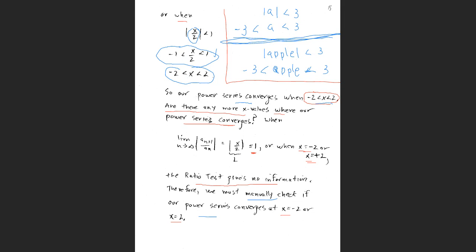Let me show you how this works. So at x equals -2, I'm going to plug that into the power series. Remember what our power series is. Our power series is the sum where n goes from 1 to infinity of -1 to the nth power times n squared times x to the nth power over 2 to the nth.